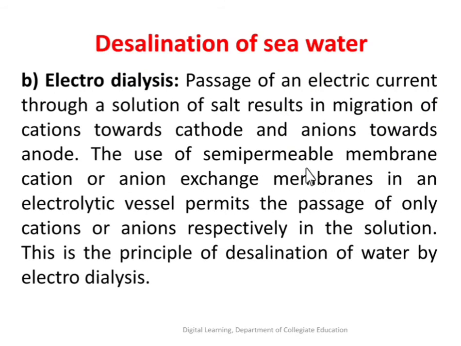The use of semi-permeable cation or anion exchange membranes in an electrolytic vessel permits the passage of only cations or anions respectively in the solution. This is the principle of desalination of water by electrodialysis.